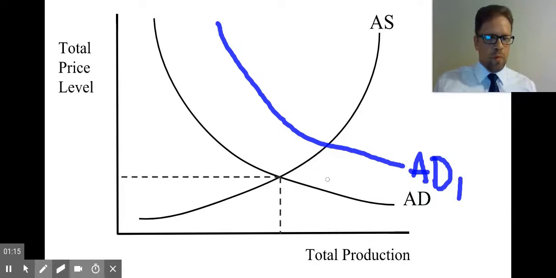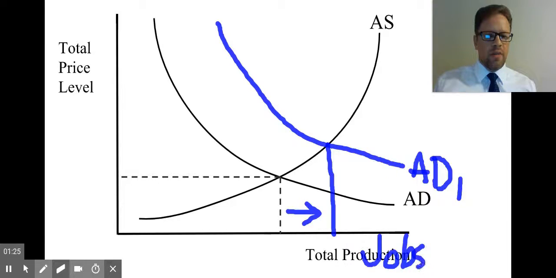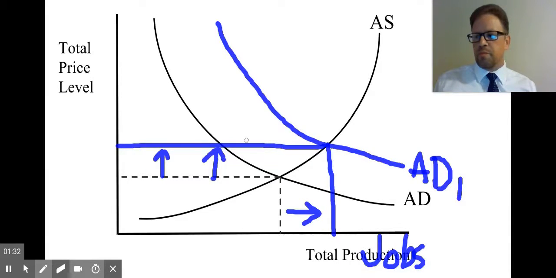And if people have more money because they just got a loan, then we're probably going to see an increase of total production, which means an increase of job levels. Downside, of course, is you're probably going to notice some uptick in inflation.